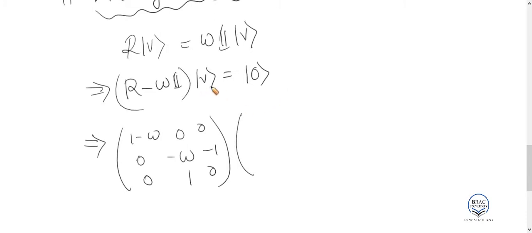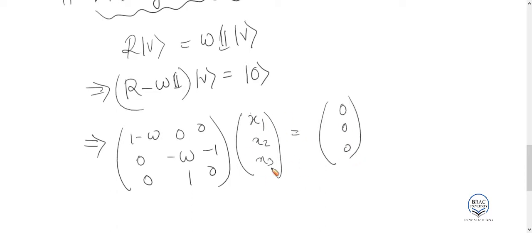You can take the components to be any symbol you want, x, y, z. For convenience, I'm taking x1, x2 and x3, but it's up to you. And this is our null vector, so this will be 0, 0 and 0.